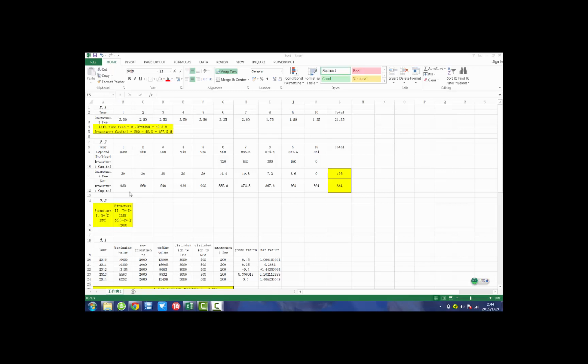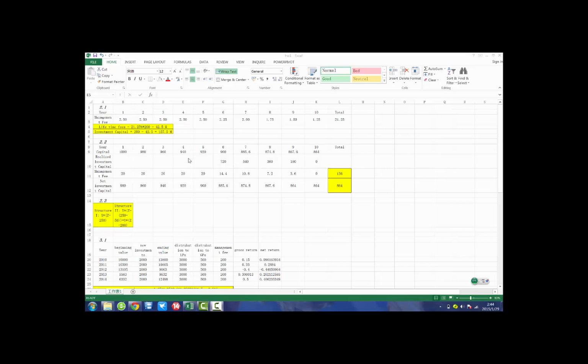And for the second question, still pretty straightforward. What we do is list all the capital, realized investment capital, management fee, and net investment capital for each year. The assumption we made is that the realized investment capital should be 720, 540, 360, 180, and 0 for the last 5 years.